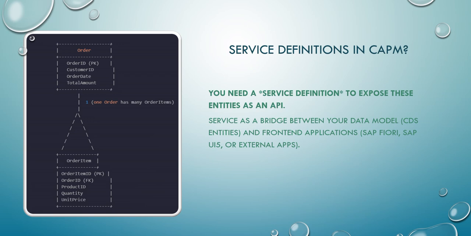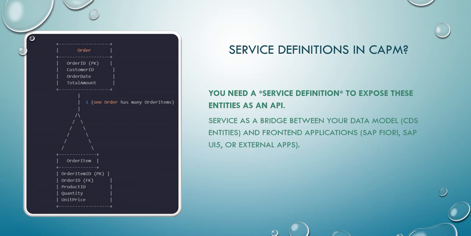So the service definition in CAPM helps to expose the data models as OData services. In my previous video we already defined the order entity and order items entity, right? So by using these two entities we are going to define a service. So we are going to generate an API.